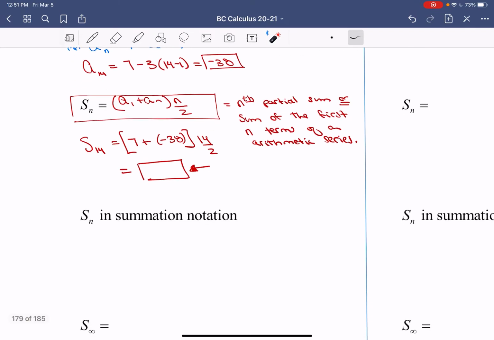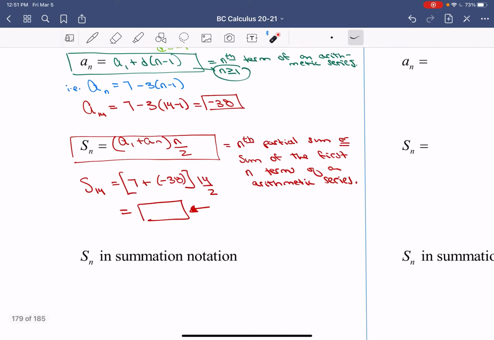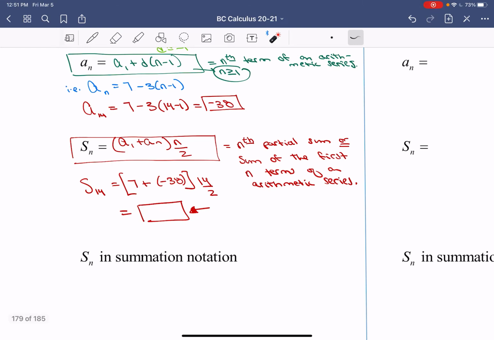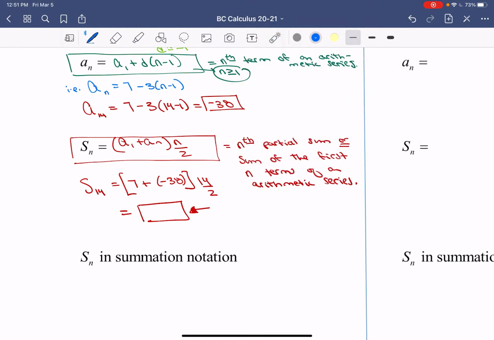Okay, here is the nth partial sum in summation notation. So for an arithmetic series, you have this. Now, what would be the nth partial sum using summation notation? Let's see if you can follow me here. If I'm using summation notation for an arithmetic series, that would be the summation, okay?